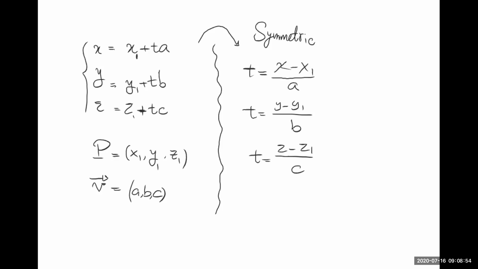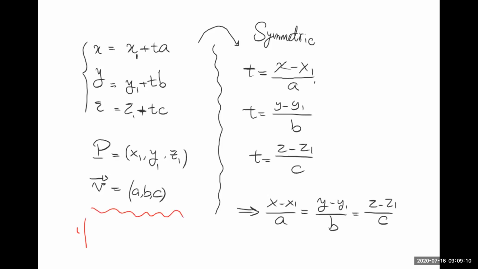Because all of these things are equal to t, they should be equal to each other. So (x minus x1) over a is equal to (y minus y1) over b is equal to (z minus z1) over c. What we have on the left side is the parametric equation. What we have on the right side is the symmetric equation. We have two kinds of equations for a line.